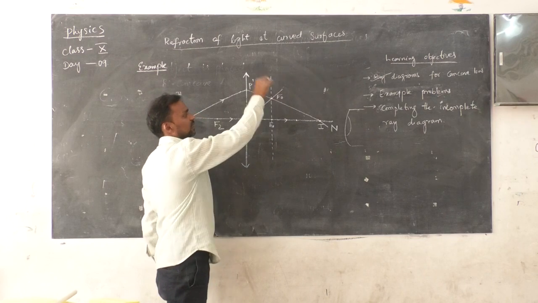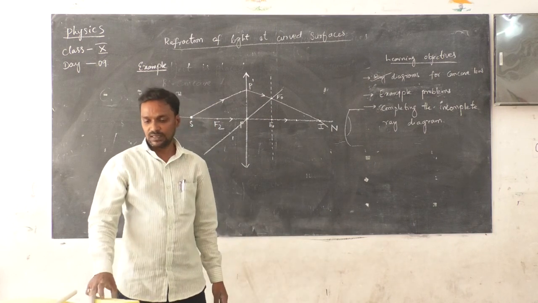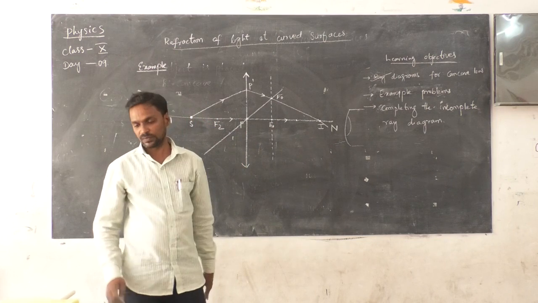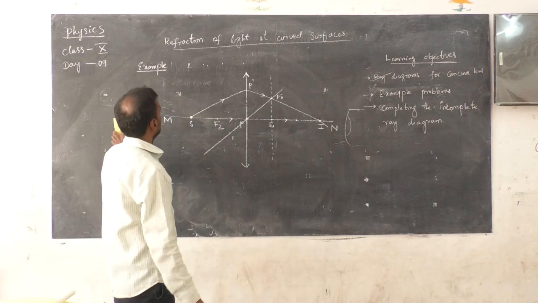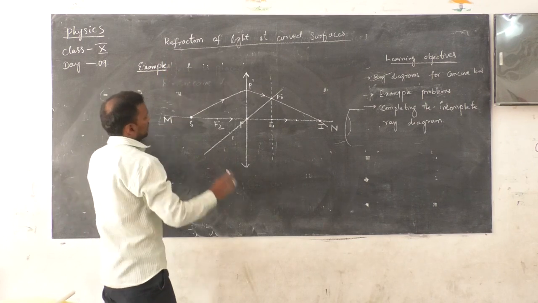This is the meeting point, F naught. I is the image. Now example 4 is completed.